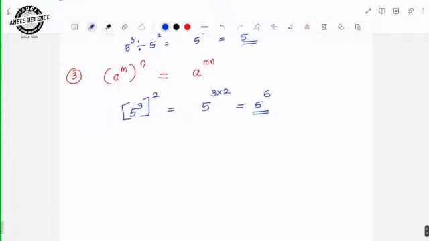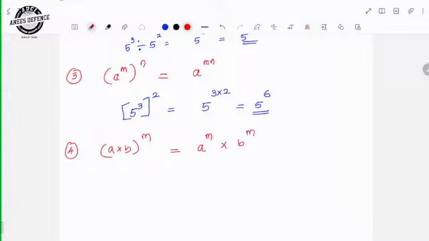Then the fourth one: a into b raised to m can be written as a raised to m into b raised to m.